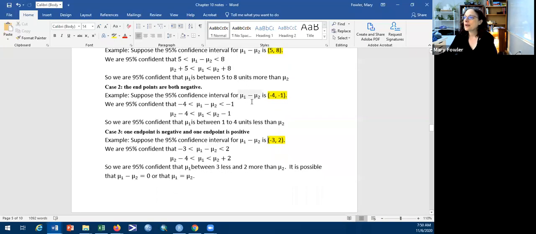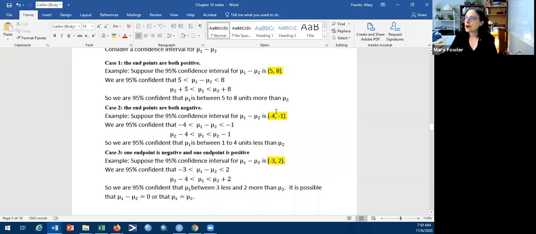Okay. And over here, if we have a situation where both endpoints are negative, then we are, for example, 95% confident that mu1 minus mu2 is in the interval -4 to -1. Then we could be 95% confident that -4 is less than mu1 minus mu2 is less than -1.